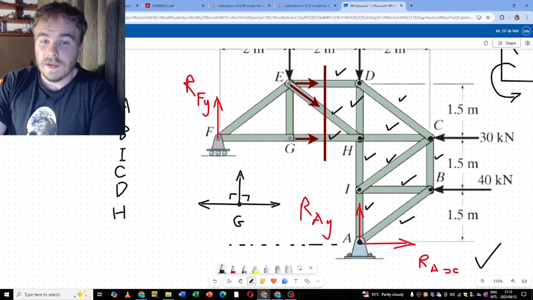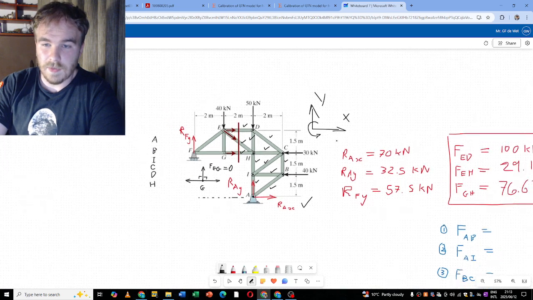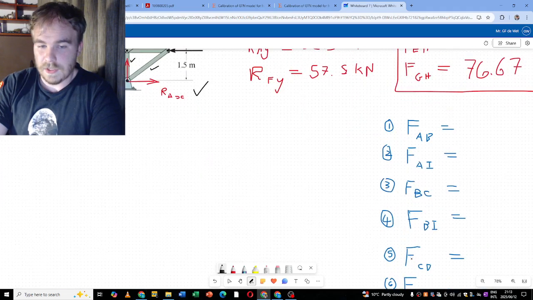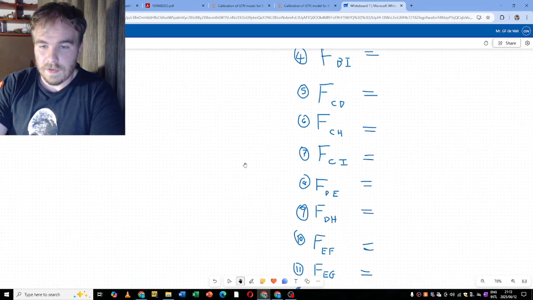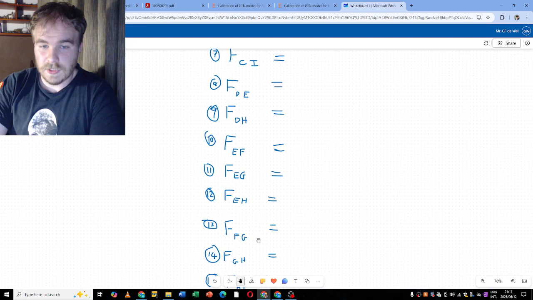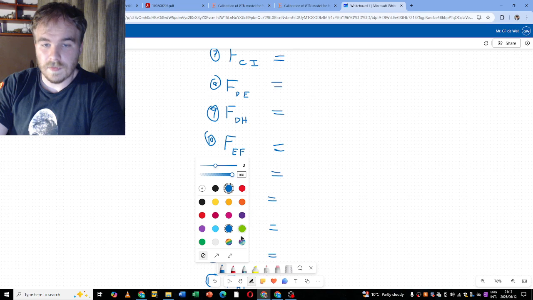And for that to still be in equilibrium, EG needs to be 0. Otherwise, this thing cannot be in equilibrium. And we know it is. So we already have our first force, EG, as we go.